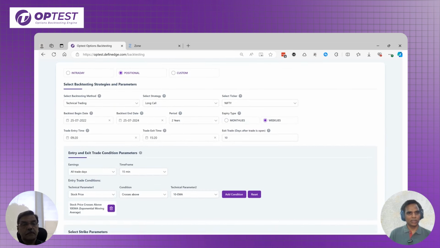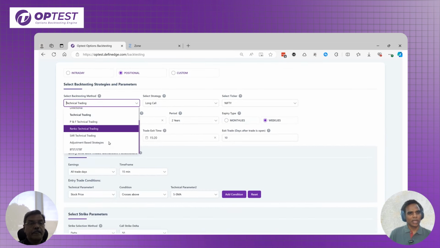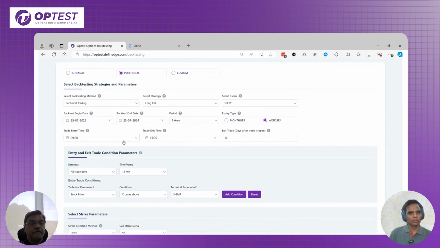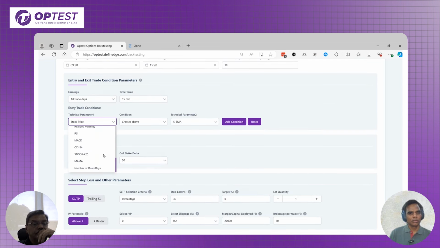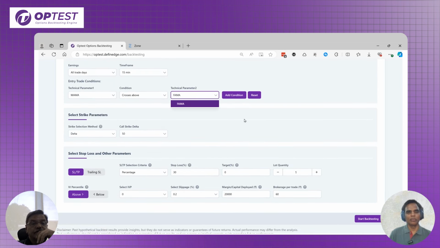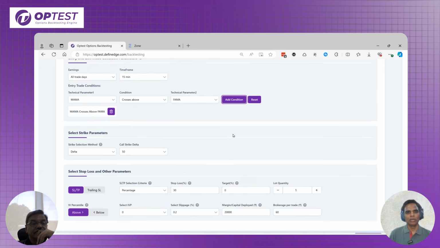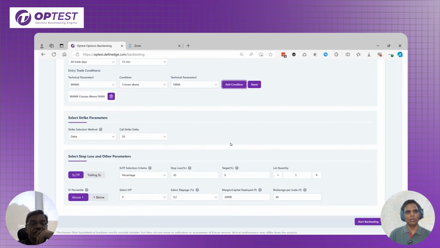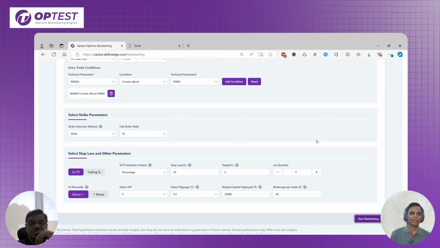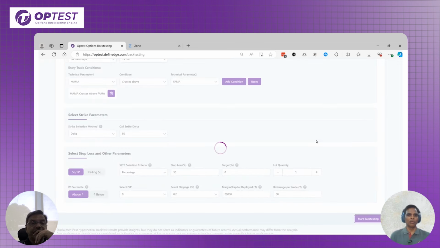Okay, that is technical trading. I remember one more strategy. When the fast MA crosses above the slow MA, you buy a long call with a 30% stop loss. This is also some kind of momentum strategy. Yeah, there are different types of moving averages.